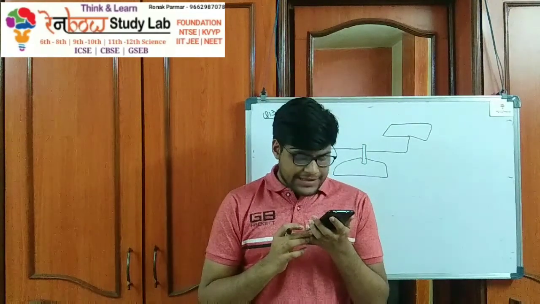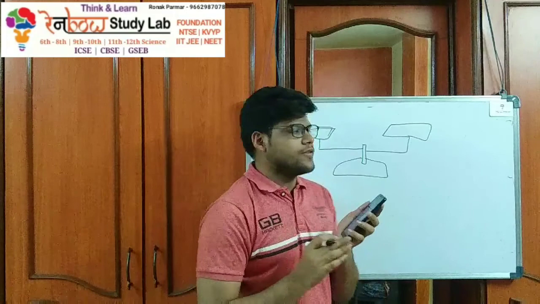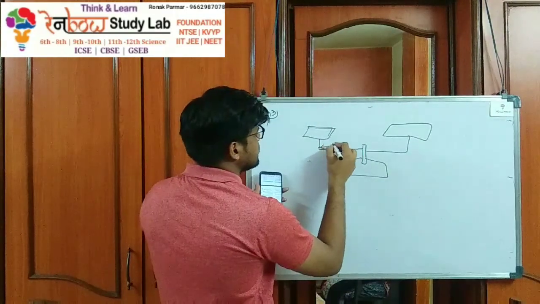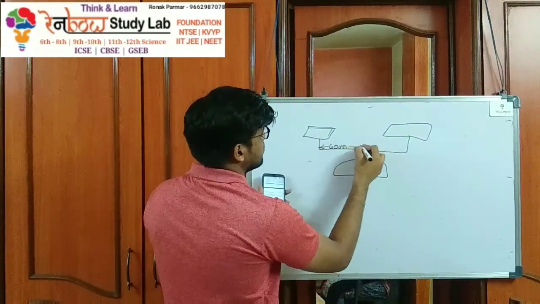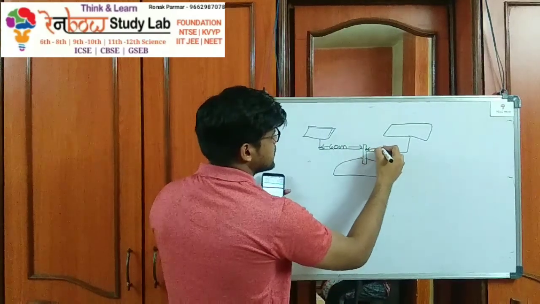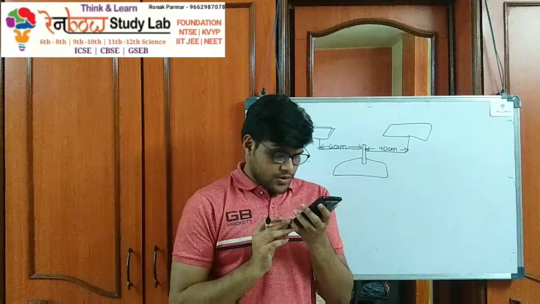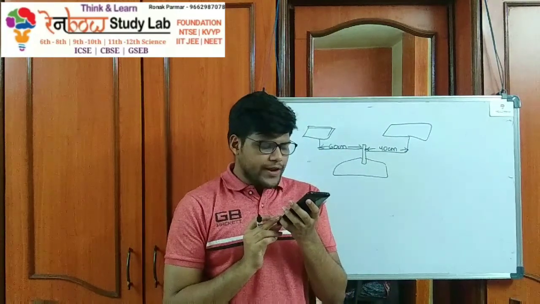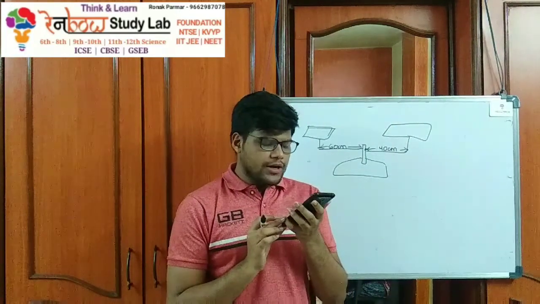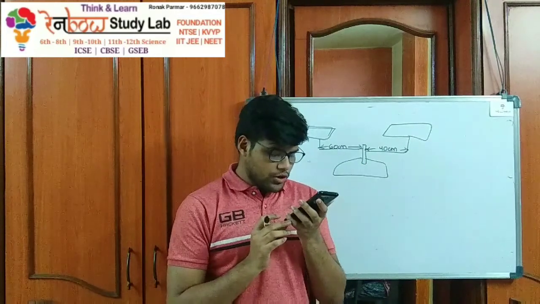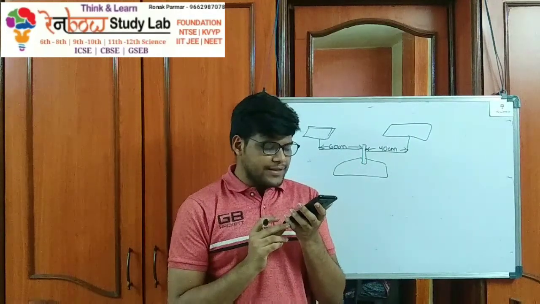It has arm lengths 60 centimeter and 40 centimeter. One arm is of 60 centimeter and another is of 40 centimeter. What weight should be kept on pan of longer arm?